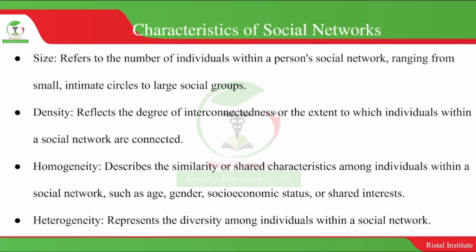So we move to density, which is the connectedness, and then homogeneity. Homogeneity and heterogeneity, these are actually related terms, and they're related to what I've just described. If you check the people close to you, who are they? If they are of one tribe, then they are homogeneous. If they are of different tribes, it is heterogeneous.